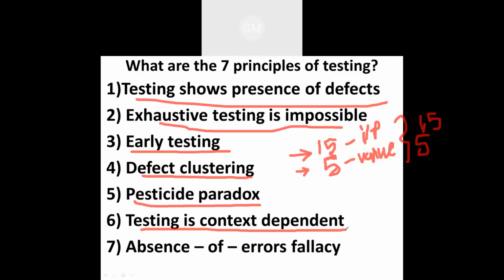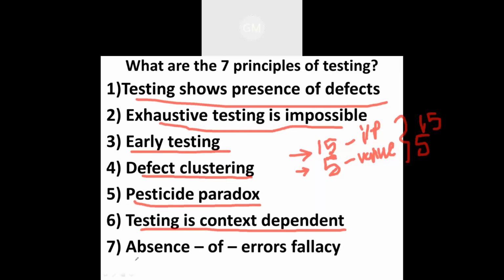Banking software is critical software, so it should be tested in a different way. And if you consider e-commerce software like online product purchasing software, we need to test it a different way. Depending upon the severity or criticality of the particular application, the testing differs; both are web related applications, but you need to test them in different ways.